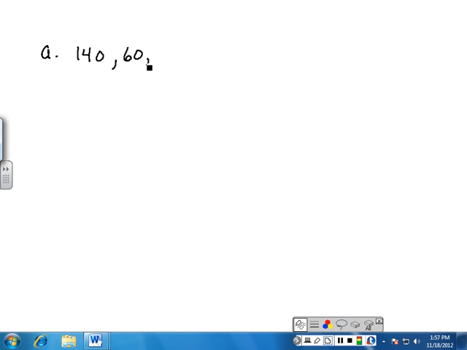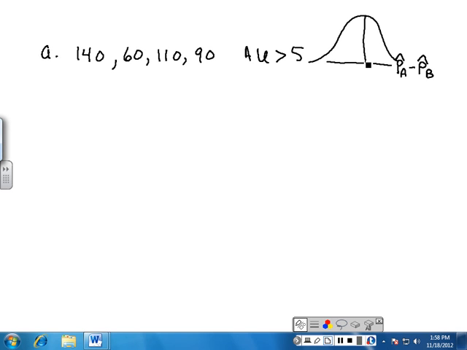And then in the south, we had 110 support, also out of a sample of 200, so that means 90 did not. All of those are greater than 5. That means that the sampling distribution of p hat A minus p hat B is in fact a bell curve, and that means it is large enough to use the z-table and to do statistical inference in this problem.